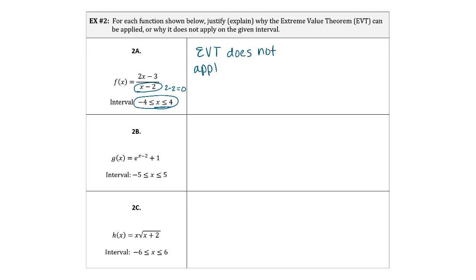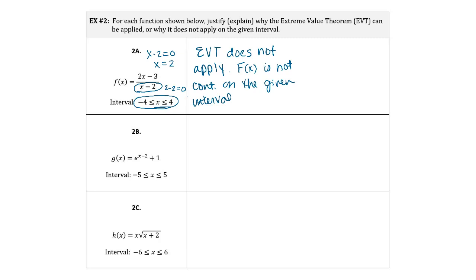And again, the reason why is because we're not continuous. Let's go ahead and write that in. F of x is not continuous on the given interval. I know that because if we take that denominator, set that equal to 0 and solve, we get 2. 2 is inside that given interval, so the function does not exist there.